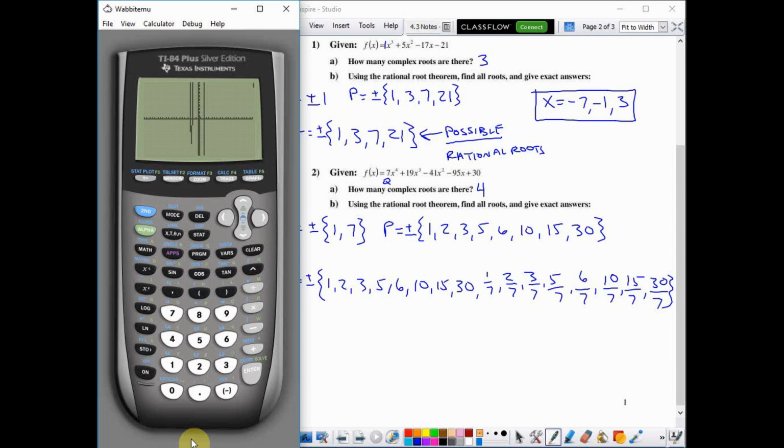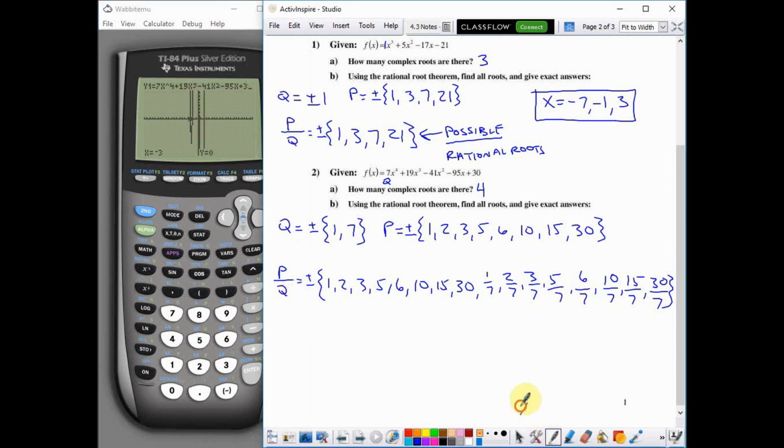Okay, so there's my graph. All the way to the left here looks like maybe -3, so trace -3, and I do get an output of 0. Okay, so x equals -3 is one of the solutions. Okay, right here looks like somewhere around -2.